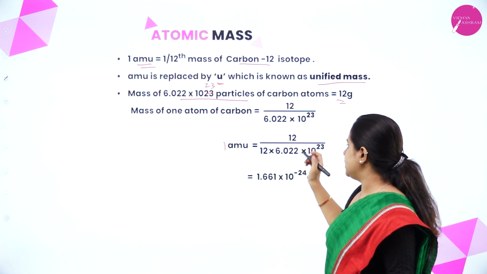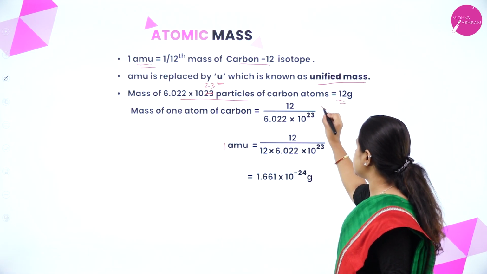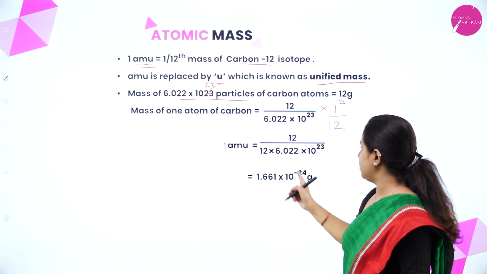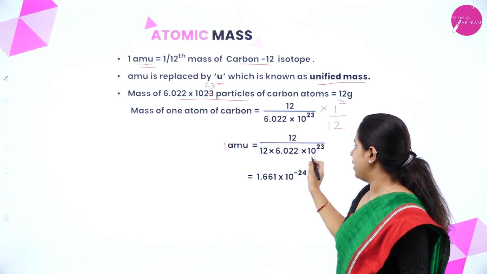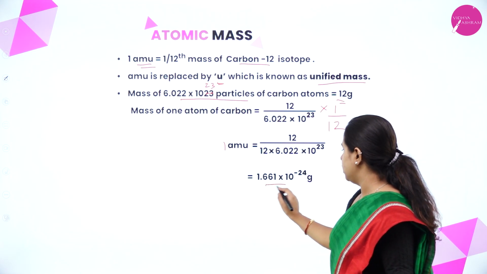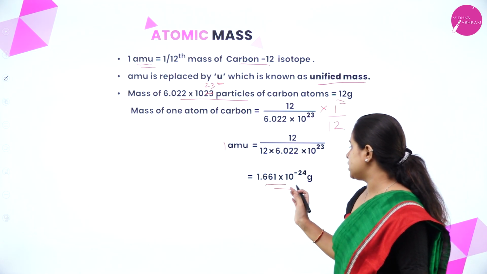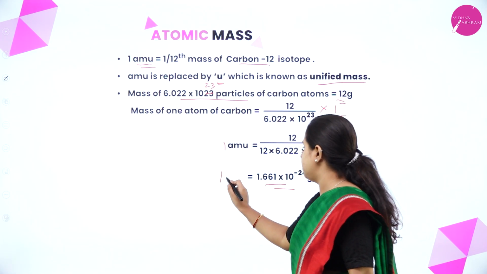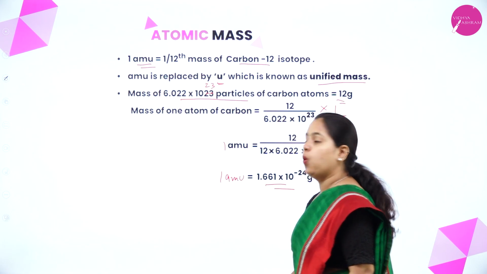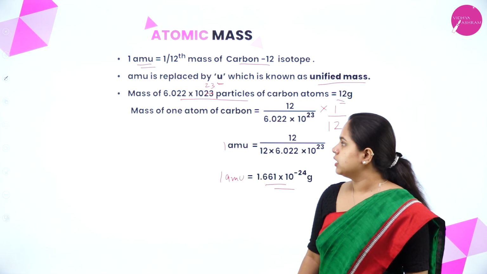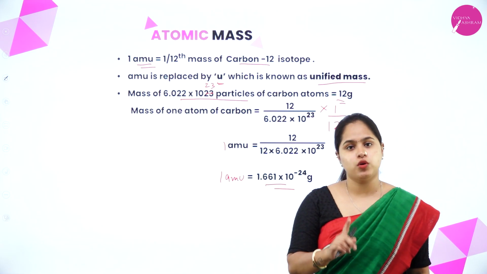So we multiply this value by 1/12, which is written here as 12/12 into 6.022 into 10 to the power 23, which gives you 1.661 into 10 to the power minus 24 grams. This is equivalent to your 1 AMU, or you can say 1 U. This is how you find out the value of your 1 AMU.